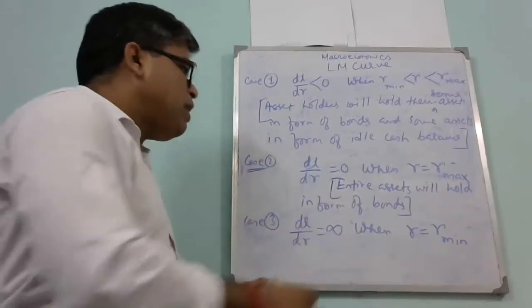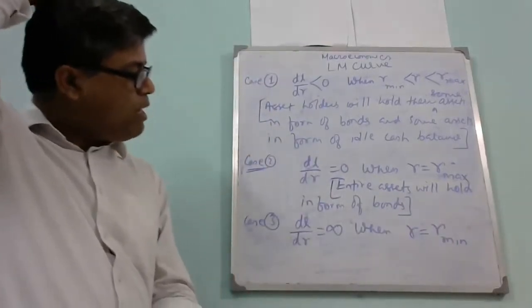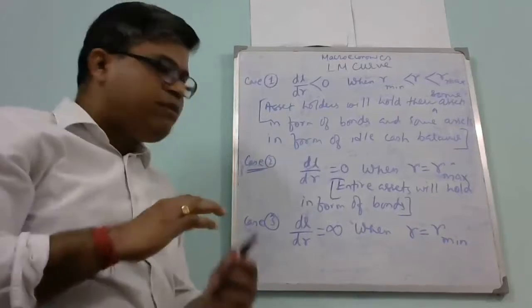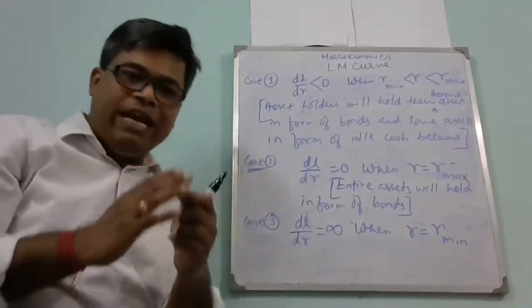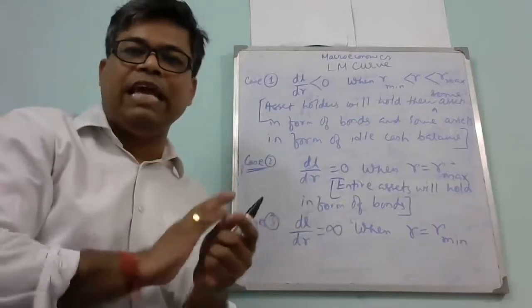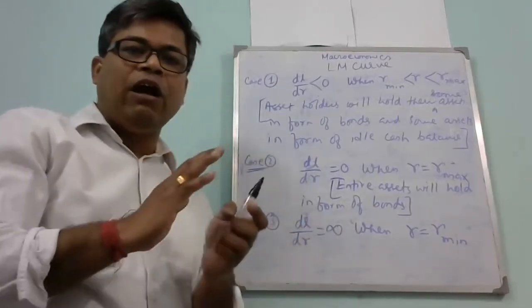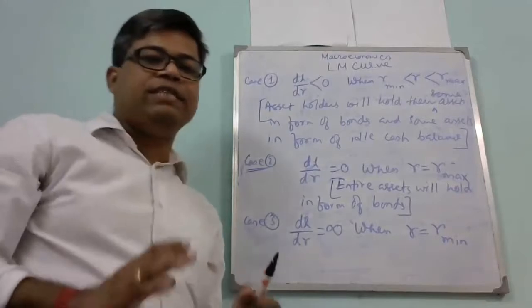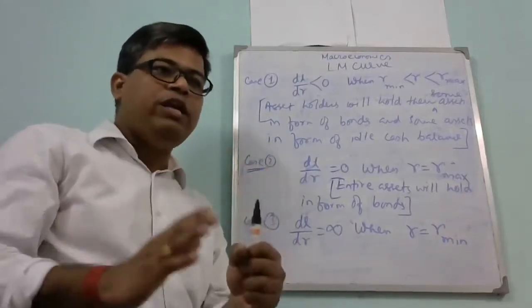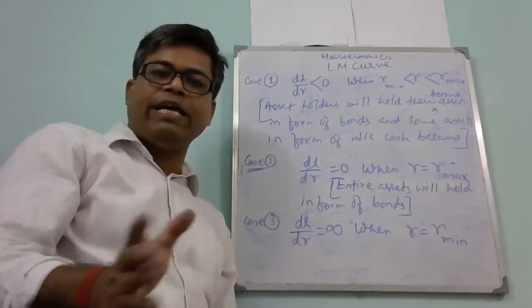Then people will hold their entire asset in the form of idle cash. They will not purchase any bond, because the price of bond is now very high. They are not willing to keep their asset in the form of bonds. They will hold their entire asset in liquid cash balance, idle cash balance.